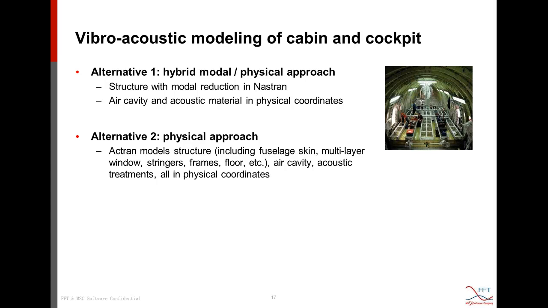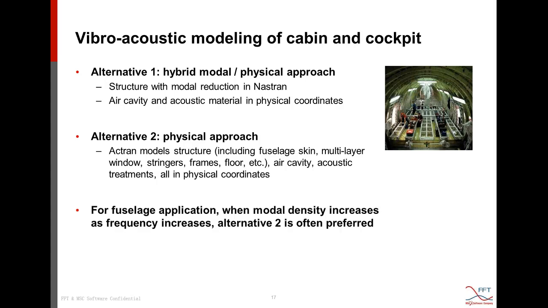Now, in this approach, Actran will model not only the cavity, acoustic material, but also all the fuselage, all the structure, including the skin, the window, could be a multi-layer window, all the stiffeners inside, and the floor, of course.